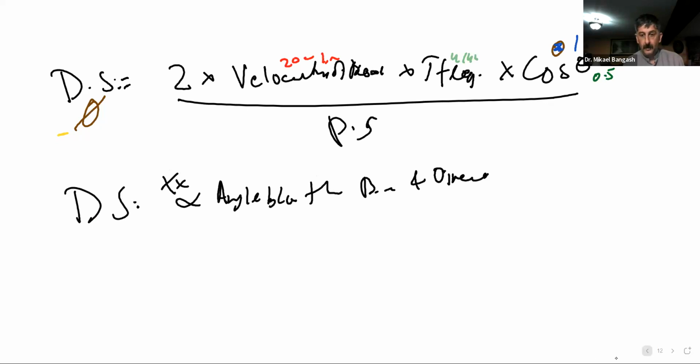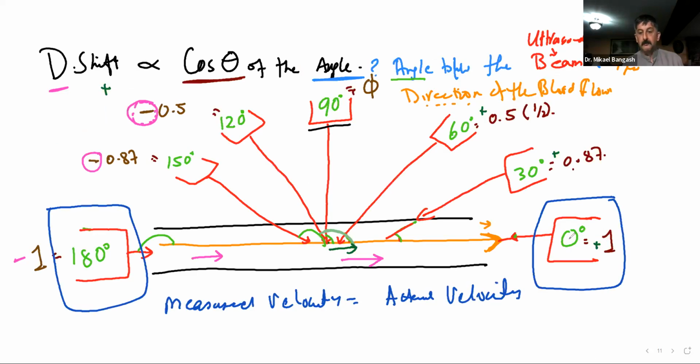Because a 0-degree angle made it all 0, and 180 would have made it 180 times greater. It is the cosine theta value of each individual angle that is going to be put into the equation.